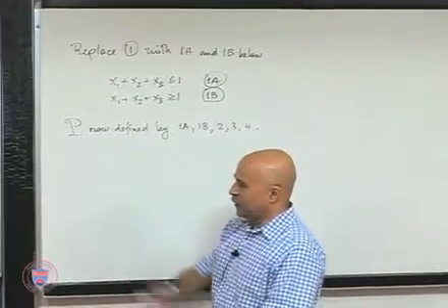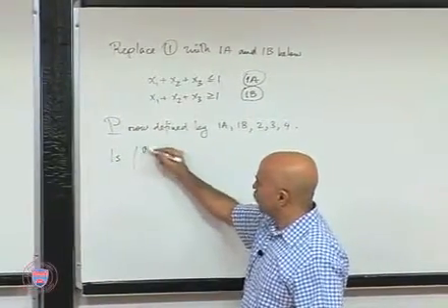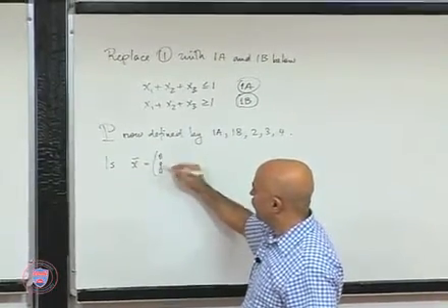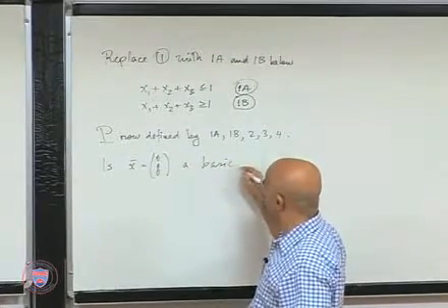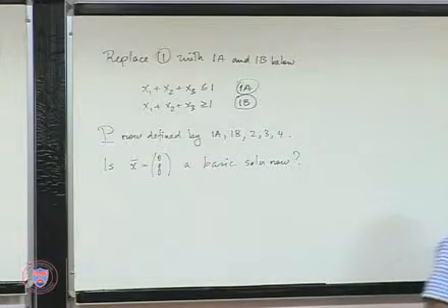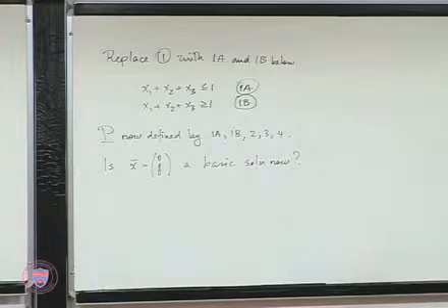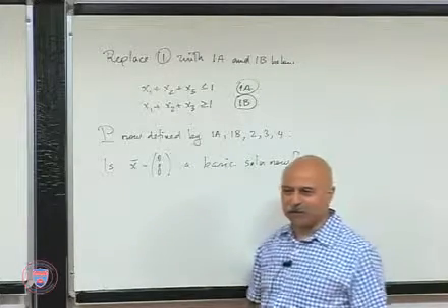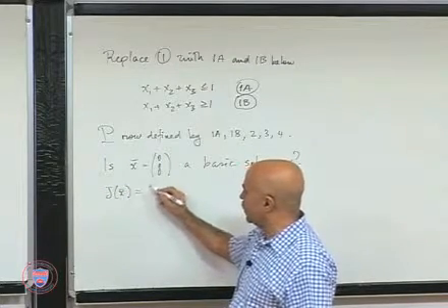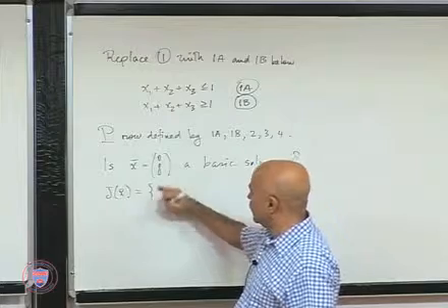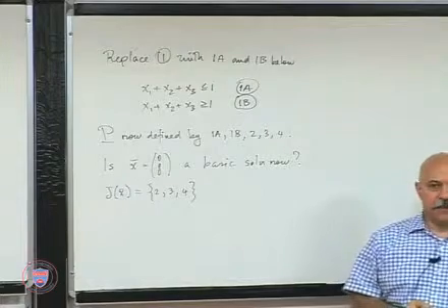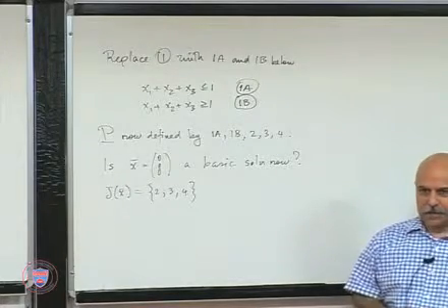Now, is the same point x bar a basic solution now? Of course, since I'm asking the questions, yes, it better be, because otherwise there's no point in going through this example. The answer is yes, because in this case, J of x bar still includes constraints 2, 3, and 4. But in this case, you have no equality constraints.